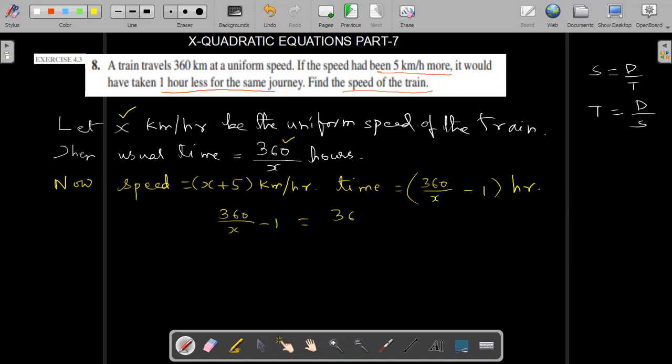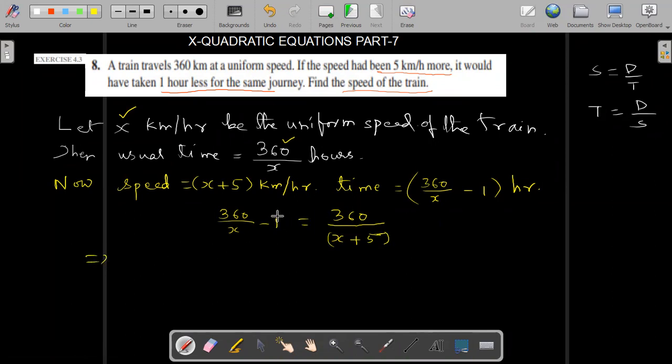The distance is 360, it is not changing, and the speed will become x plus 5. First, this is your final equation.